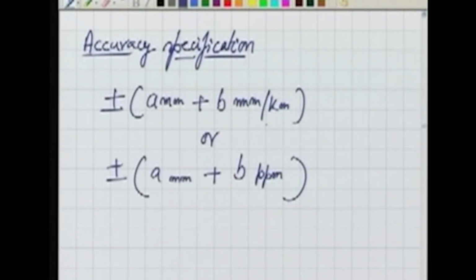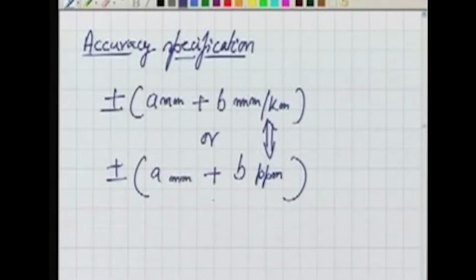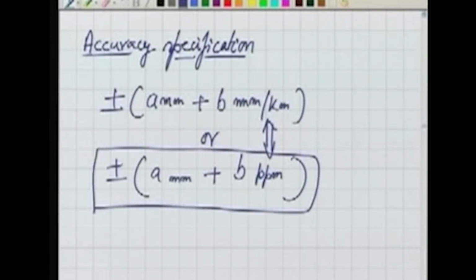Both of these are the same. Either I write in ppm or in millimeter per kilometer. This ppm stands for parts per million. Now what are these two things? Mostly you will find the EDMI accuracy is given by this. We will start talking about them one by one.